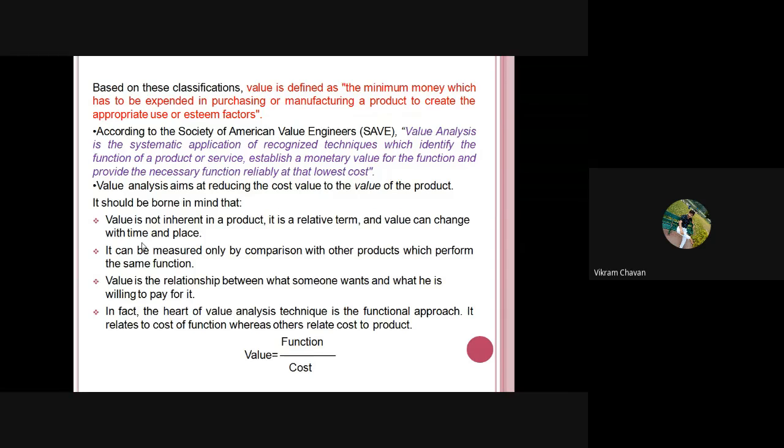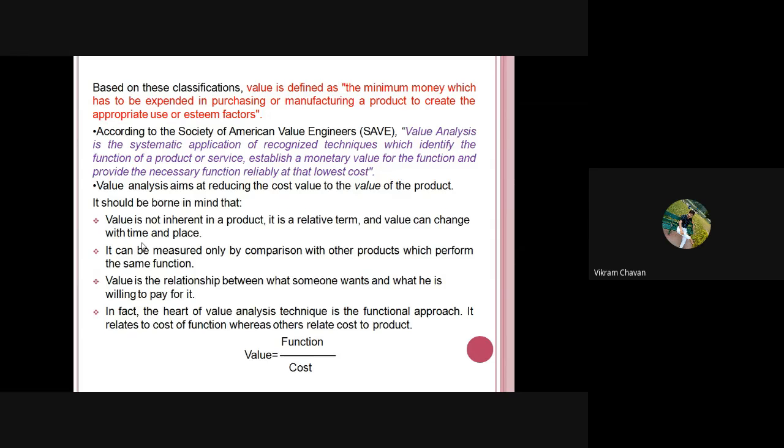At the starting phase, when the product is released in the market, the cost of the product is always high. When there are competitors for that particular product, the competitors go on increasing and the price of the product goes on decreasing. Now the industrialist needs to manage this valuation.